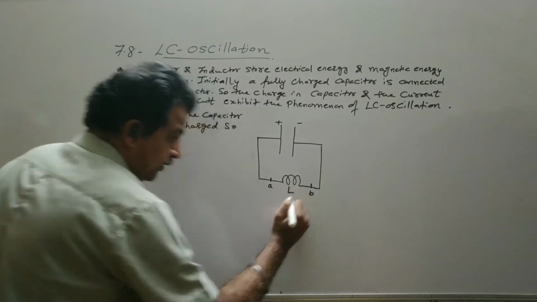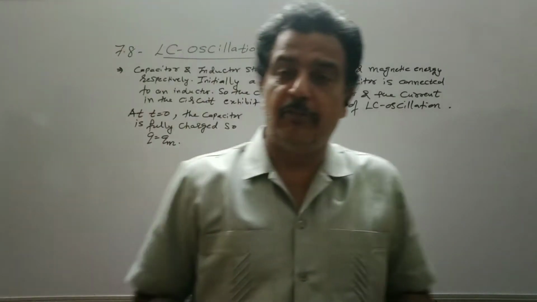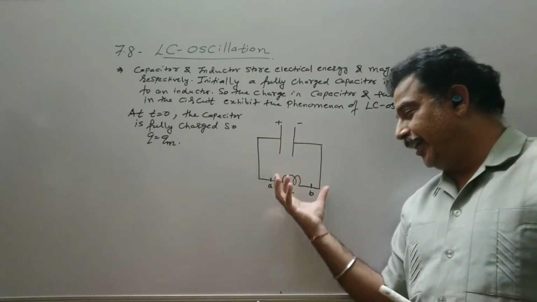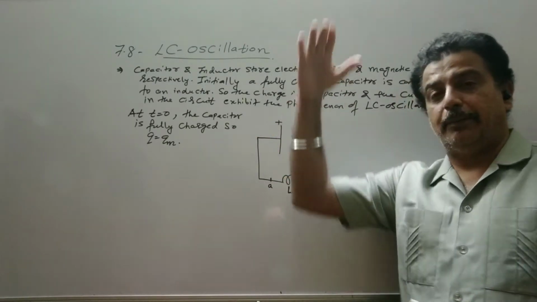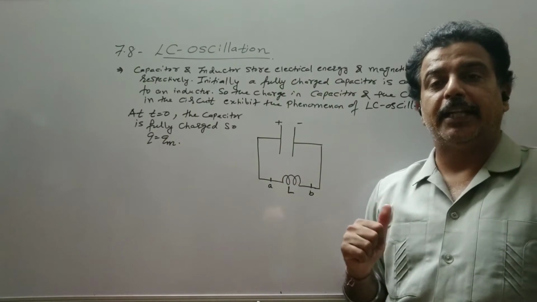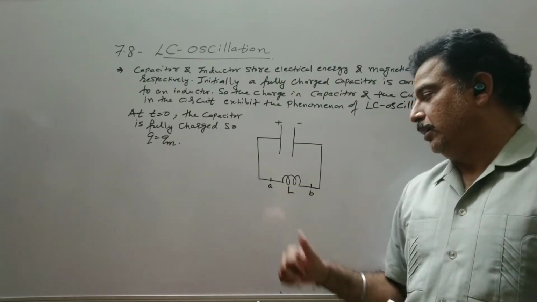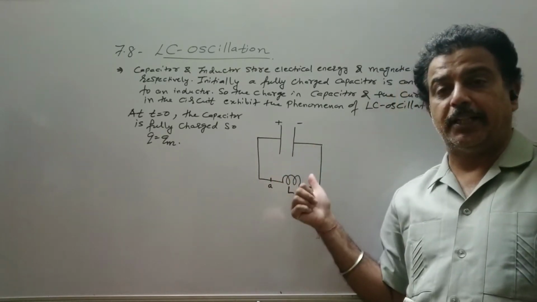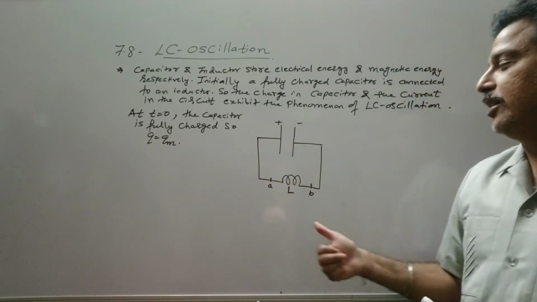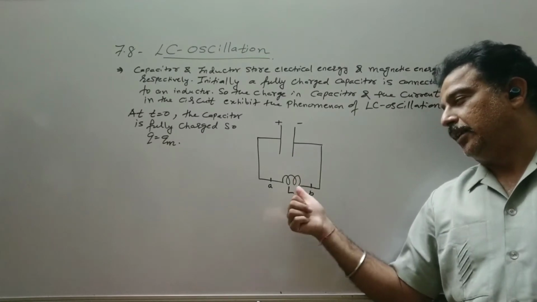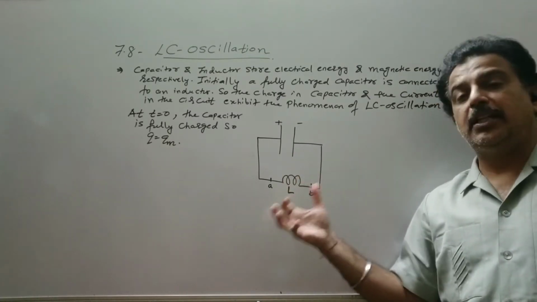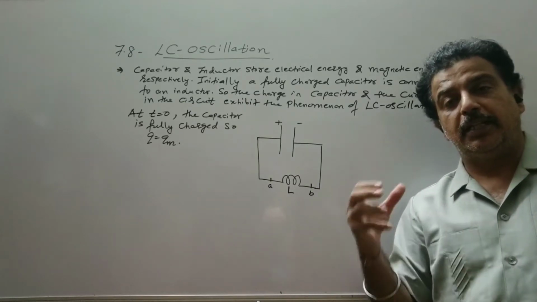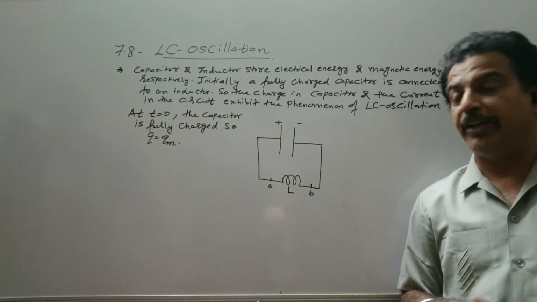Now as soon as this fully charged capacitor is connected to the inductor, the charge on the capacitor starts decreasing, because current will start flowing in the circuit, the energy starts building up, or the energy is stored in the inductor. We assume that energy here is not dissipated in the form of heat.